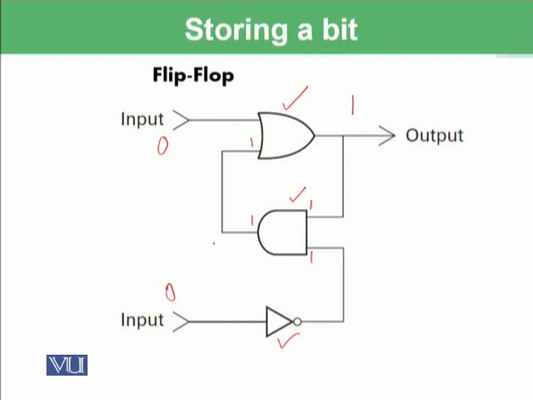So this circuit will keep on running, but it will contain the previous value which we have stored as 1 using this flip-flop in a particular bit. This is because we have control of these two inputs.